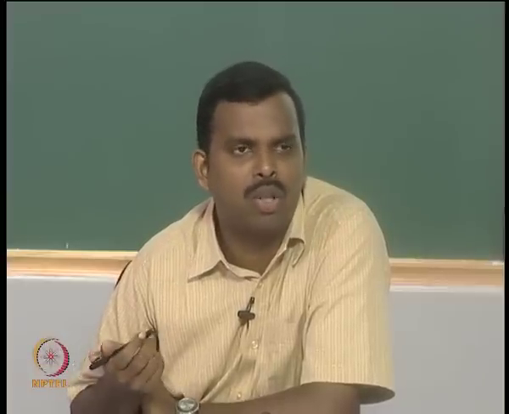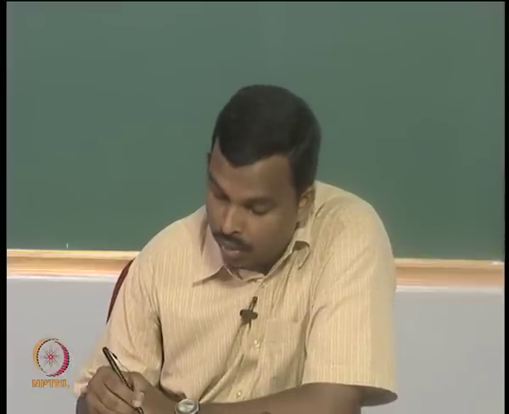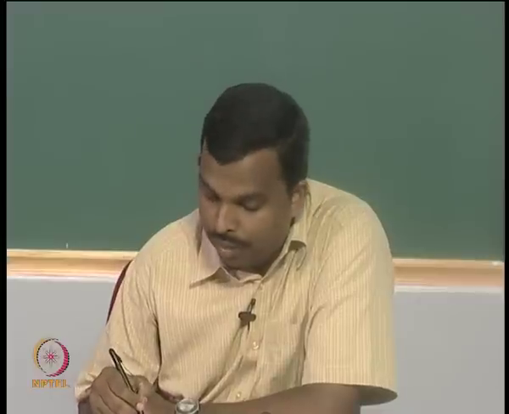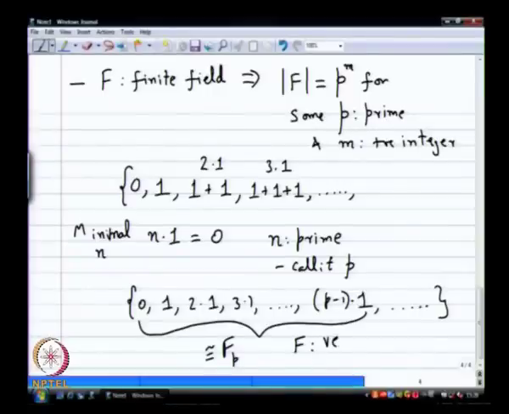It is also not too difficult, you can prove all those axioms for abstract vector space, okay. So you can show not only is Fp contained in this F, F is a vector space over Fp, okay.